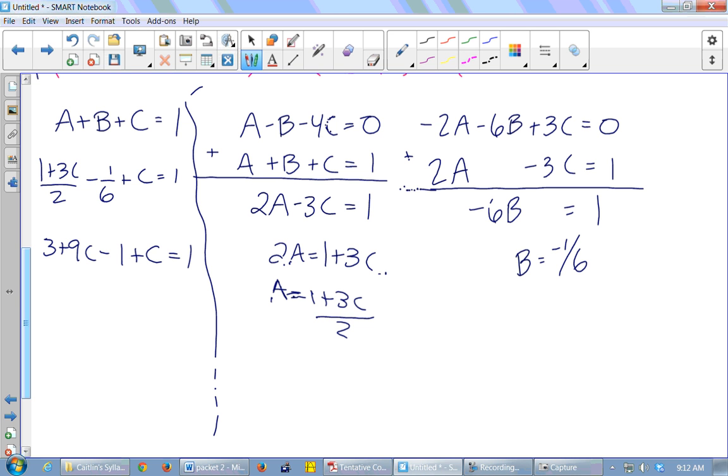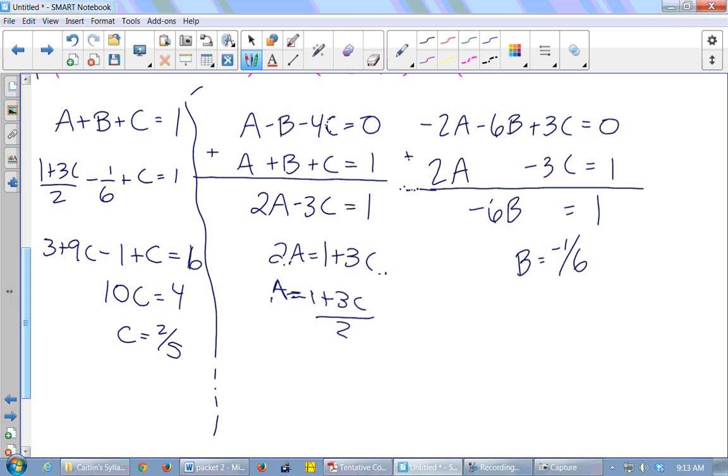So I've got 10c, and 3 minus 1 is 2, 6 minus 2 is 4. So c equals 4/10 or 2/5.